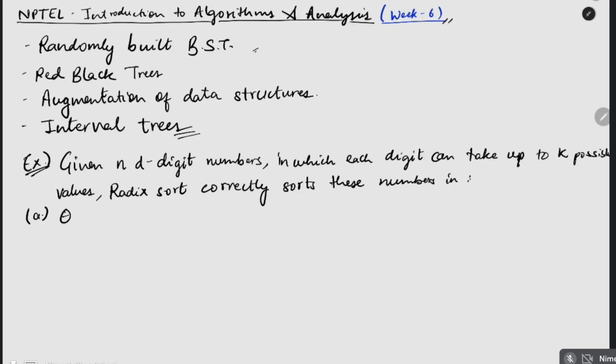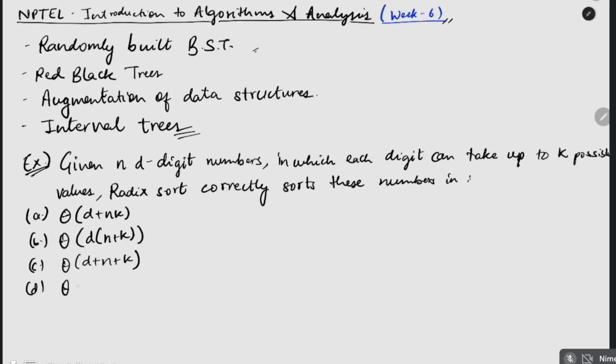So it is theta of d plus nk or theta of d times n plus k or theta of d plus n plus k or theta of dnk.